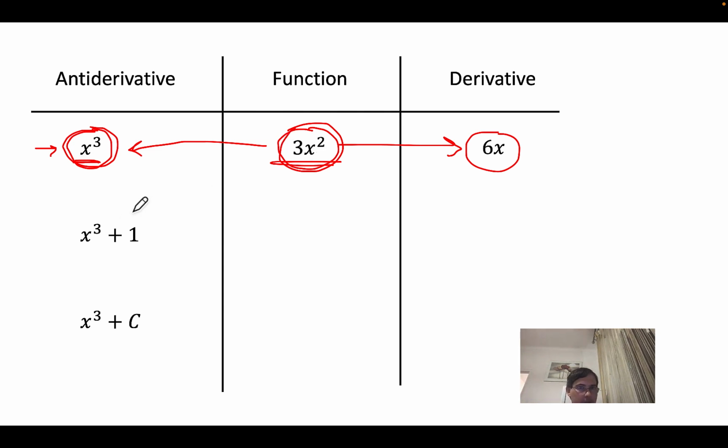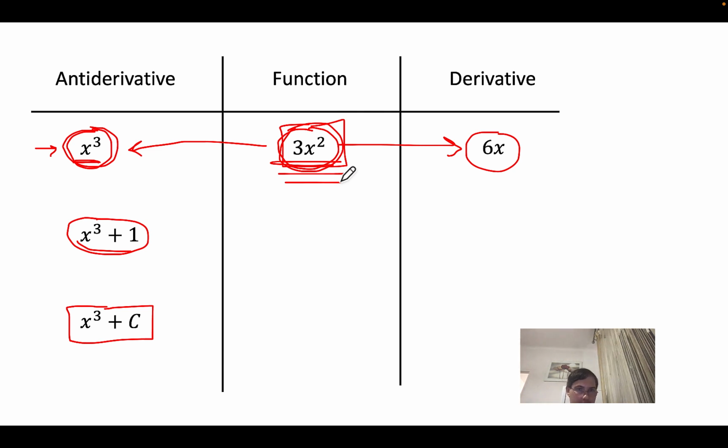But of course it's not unique, because I can add 1, and this new function x cubed plus 1 is also an antiderivative of 3x squared, because its derivative is exactly 3x squared. In fact, if I take any constant c and consider the function x cubed plus c, this is going to be an antiderivative of 3x squared.